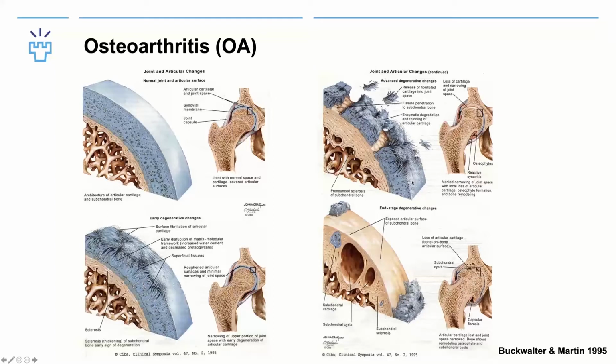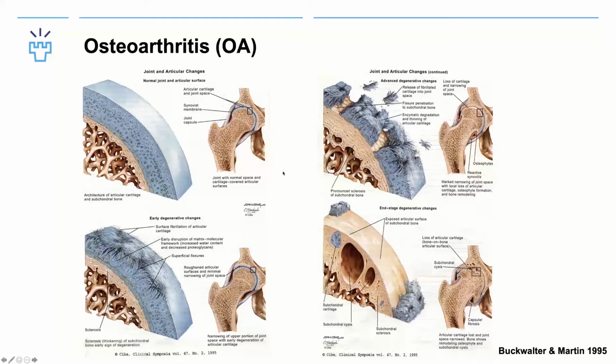But a lot of other things are also happening in the joint, like thickening and sclerosis of the subchondral bone. This is the hip joint, so we don't have meniscus, but in the knee joint we do, and there are actually a lot of changes also happening in the meniscus tissue. So it's not only about the disease of articular cartilage wear, like the traditional view has said.